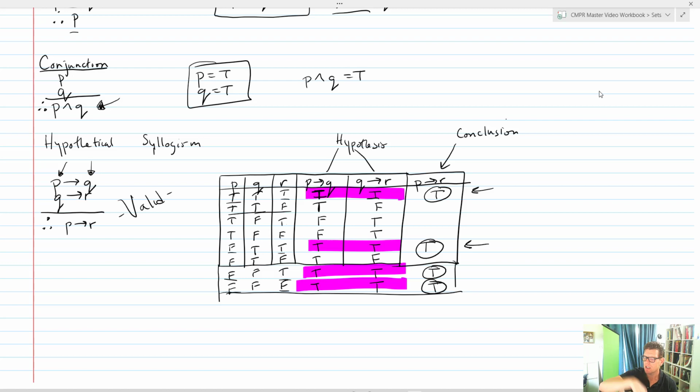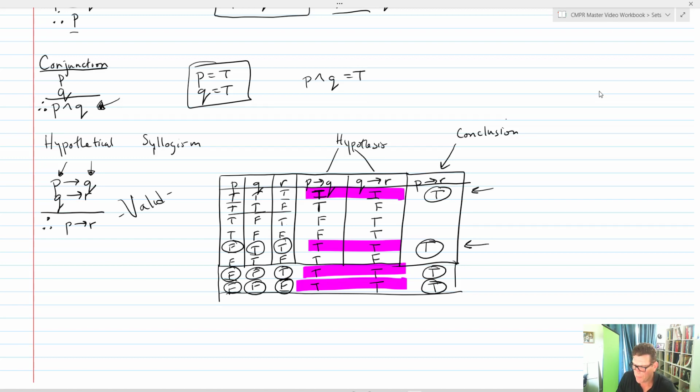Or if P is false, then Q could be true as long as R is also true, or false, false, true, and then we could also have false, false, false, all three of them false.